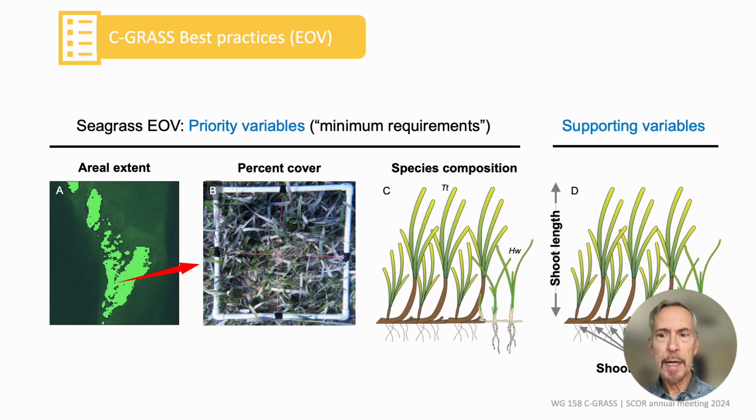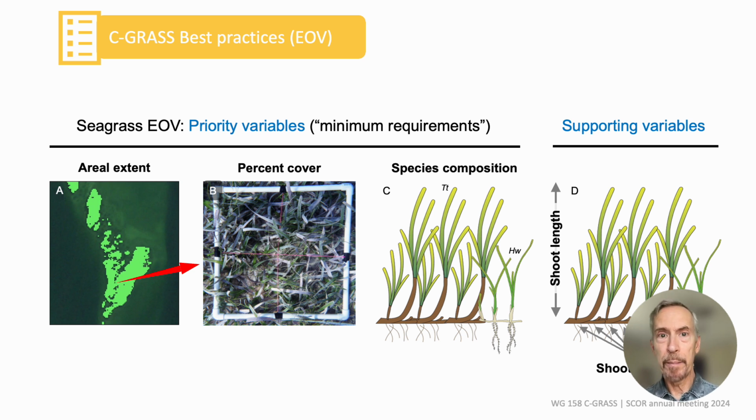To get to this dynamic picture, our best practices group honed in, after much discussion and some contention, on what we would think of as the minimum requirements or the priority variables for characterizing seagrass systems. And these include 3 of what in GOOS language are called the subvariables of the EOV: areal extent, usually obtained by remote sensing, and then 2 in situ measurements, percent cover and species composition of the seagrasses.